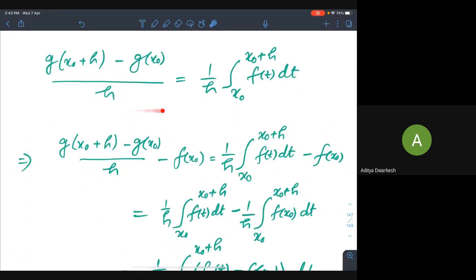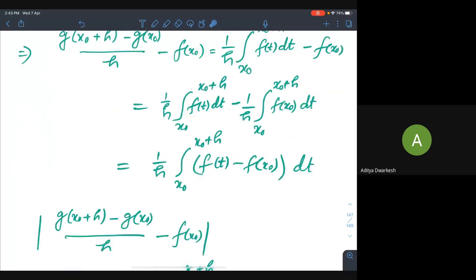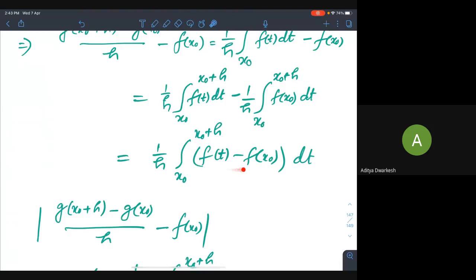Now we are looking at the quotient. From first principles we want to show the limit exists, and then one small trick: one can write f of x naught as this one. Once you write this, you get as an integrand f of t minus f of x naught, where t belongs to x naught to x naught plus h.